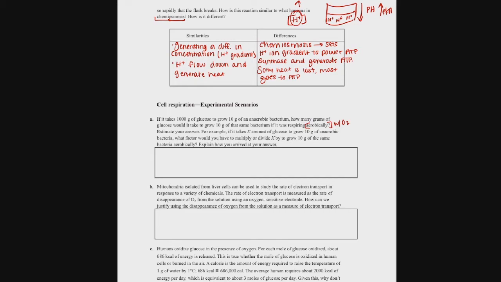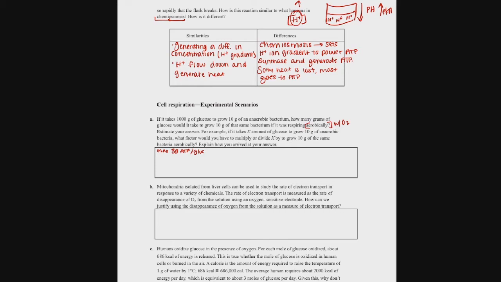This is kind of wordy, but once we take out the parts, it'll make a lot more sense. Aerobic respiration, with oxygen, has a max of 38 ATP per glucose.